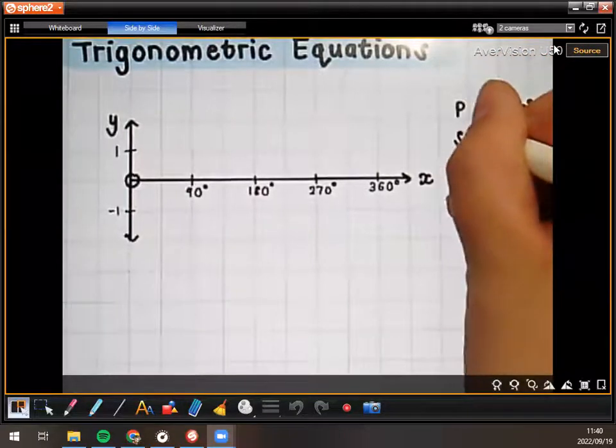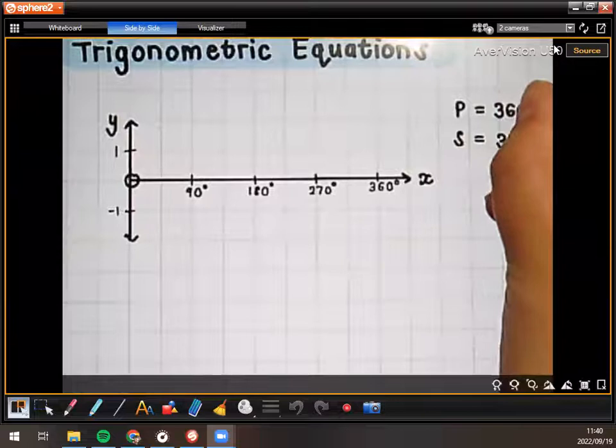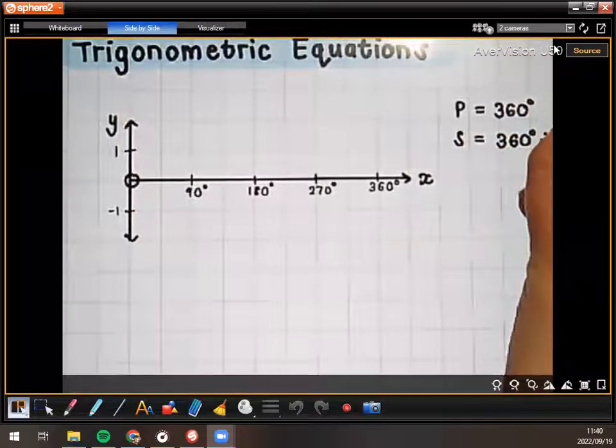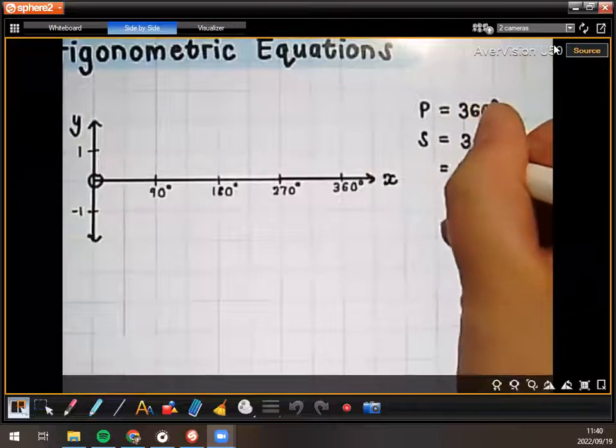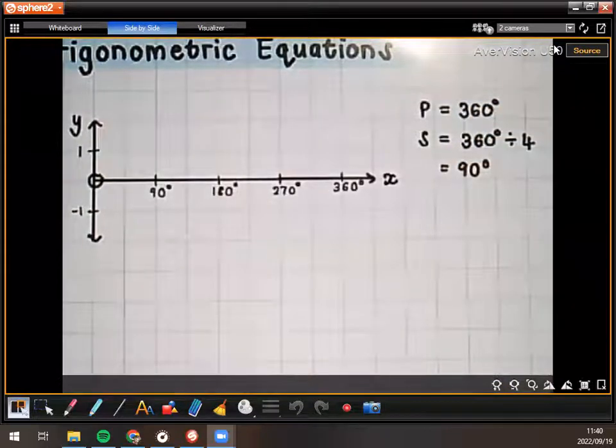So for the step, we divide by 4, which is 90 degrees. And this is just the normal sine graph, the most basic one.